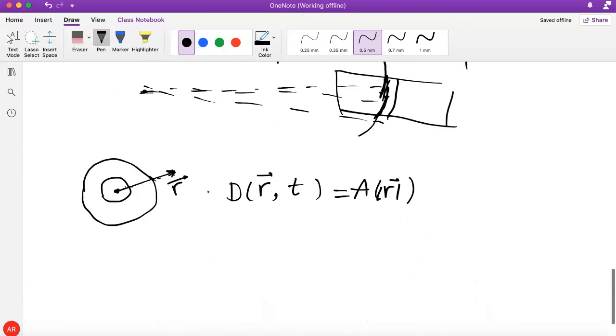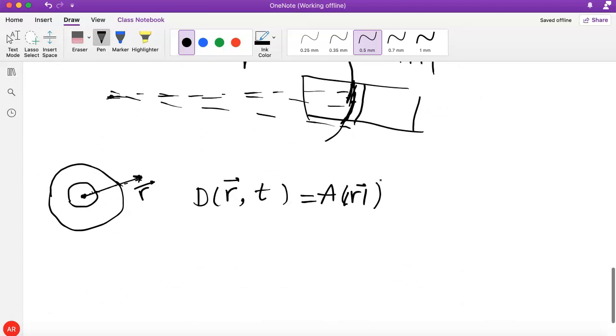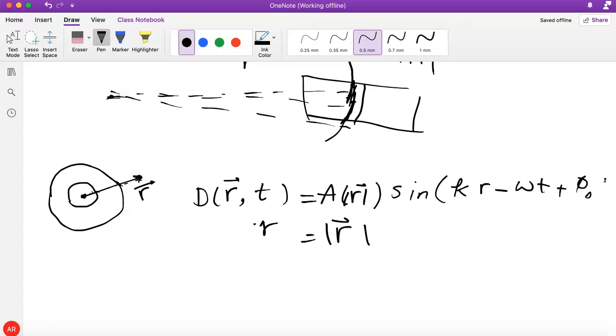So in general, we can write an expression, let's say sine, again, k times r, where r is just the length of this vector, right? Minus omega t plus some phase constant.